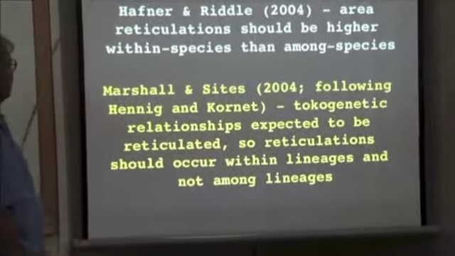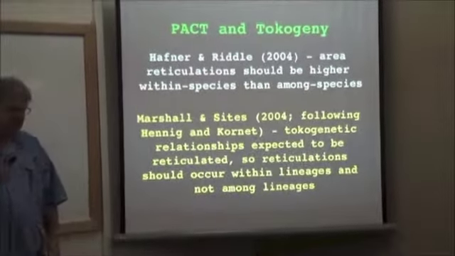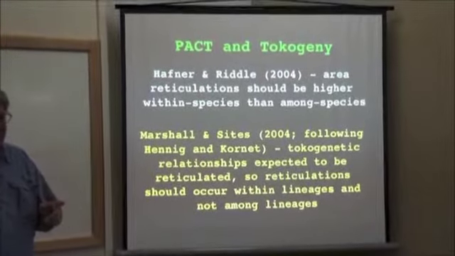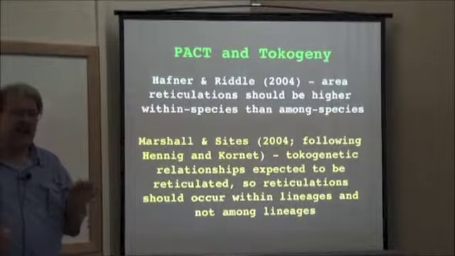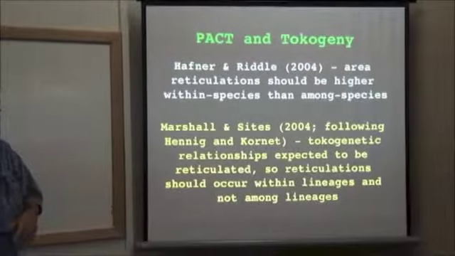Now, there were two papers published in 2004, one by Hafner and Riddle, one by Marshall and Sykes. And they said very much the same kind of thing. They started with this distinction between tokogeny and phylogeny.